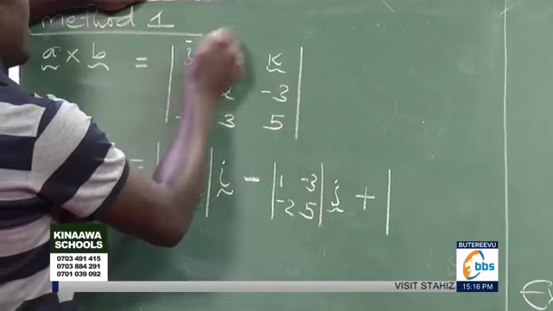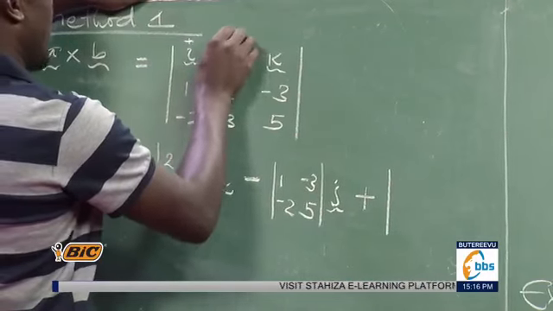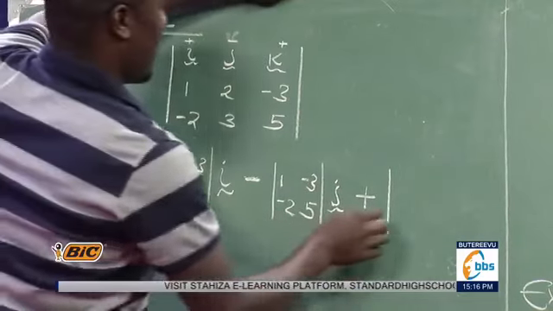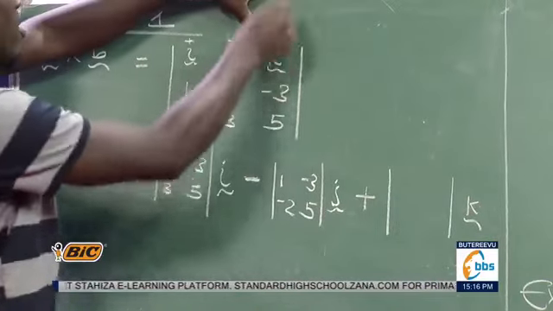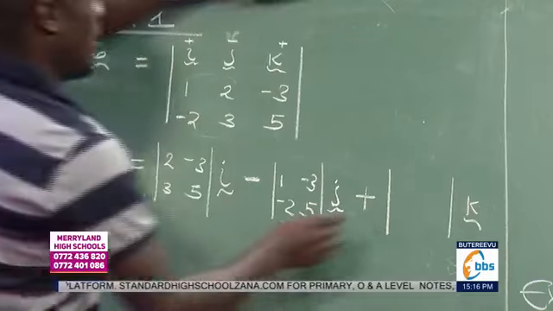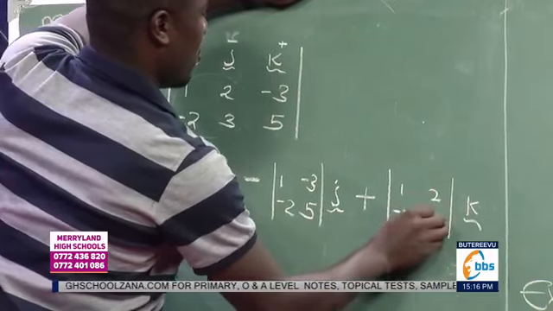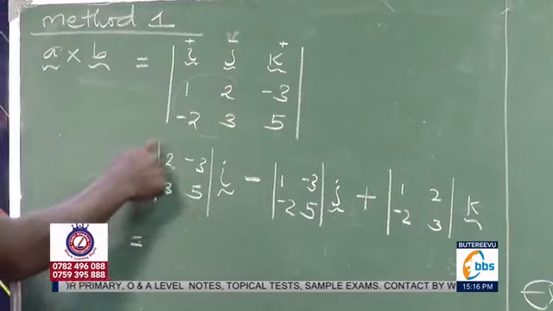So this was minus, plus, minus, and then plus. So plus K, remove the column containing K. This is what we remain with, which is 1, -2, and then 2, 3. So this is going to be equal to the determinant of this matrix.